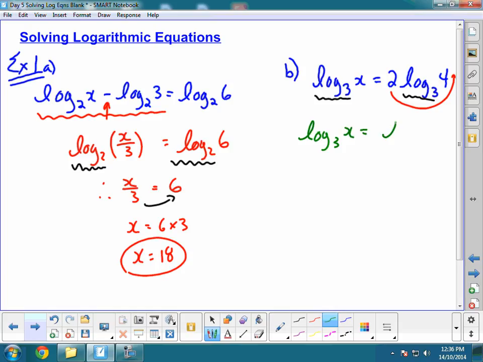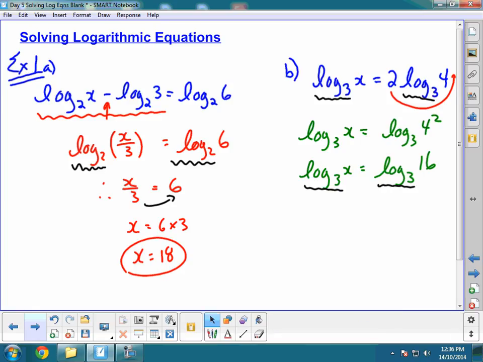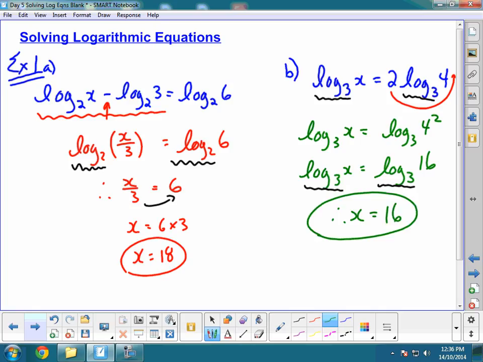That 2 can go up top, so it's log base 3 of 4 squared. Of course, 4 squared is 16. And now we're set. A common log of base 3 and a common log of base 3. That means we can ignore the logs and say the only way this will be equal is if x equals 16. And I have my answer.